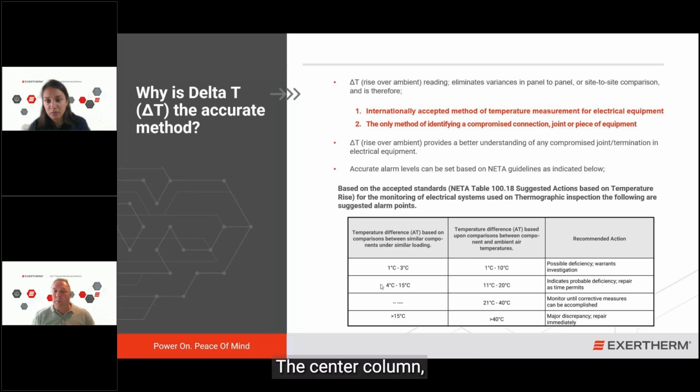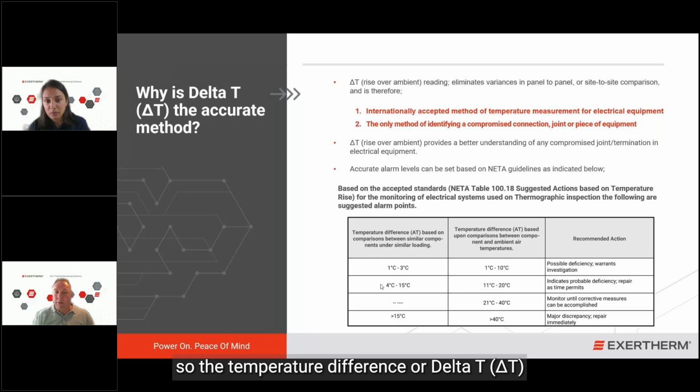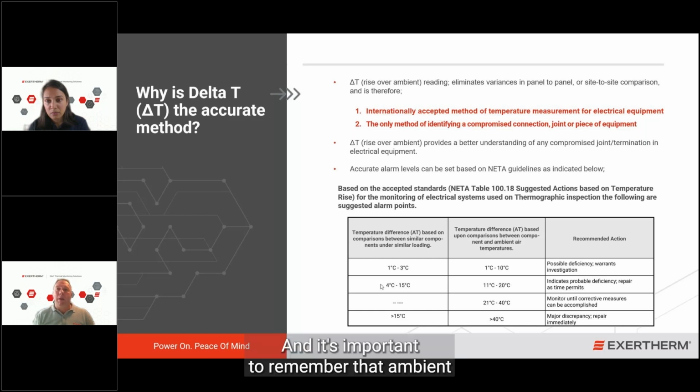The center column, the temperature difference or delta T, is based upon comparisons between component and ambient air. And it's important to remember that ambient air is the internal ambient, not the external.